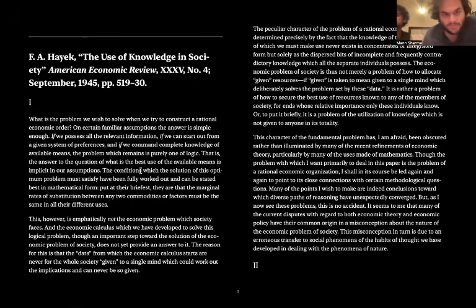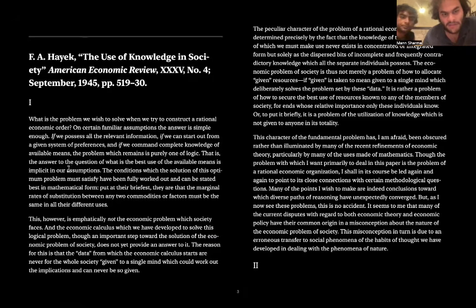What is the problem we wish to solve when we try to construct a rational economic order? On certain familiar assumptions, the answer is simple enough. If we possess all the relevant information, if we can start out from a given system of preference, and if we command complete knowledge of available means, the problem which remains is purely one of logic.